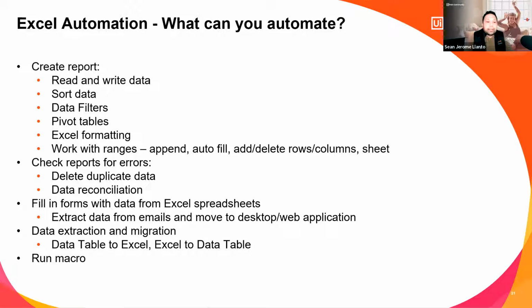And another part would be, what do you do after you extracted this information from the Excel file? So you have the option to just put it on another location. You save it, let's say maybe on a SharePoint link or so. Practically anything that you are doing on the system, you'll be able to do with UiPath.